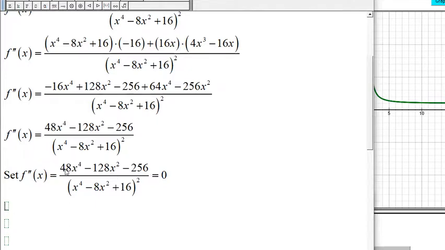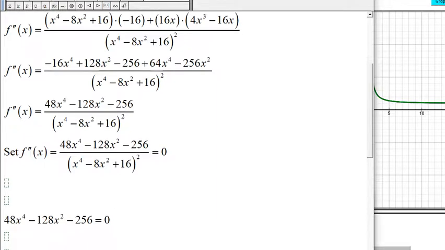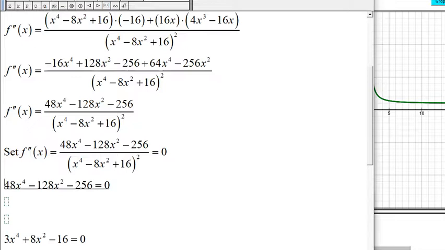So let's solve the top. Now we have 48x to the fourth minus 128x squared minus 256 equal to 0. And again, the only way this fraction could equal 0 is if the top is equal to 0.